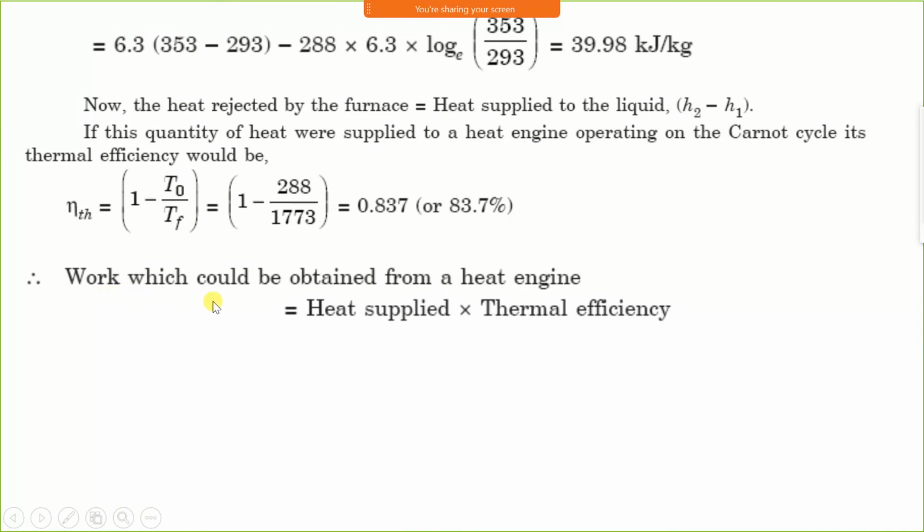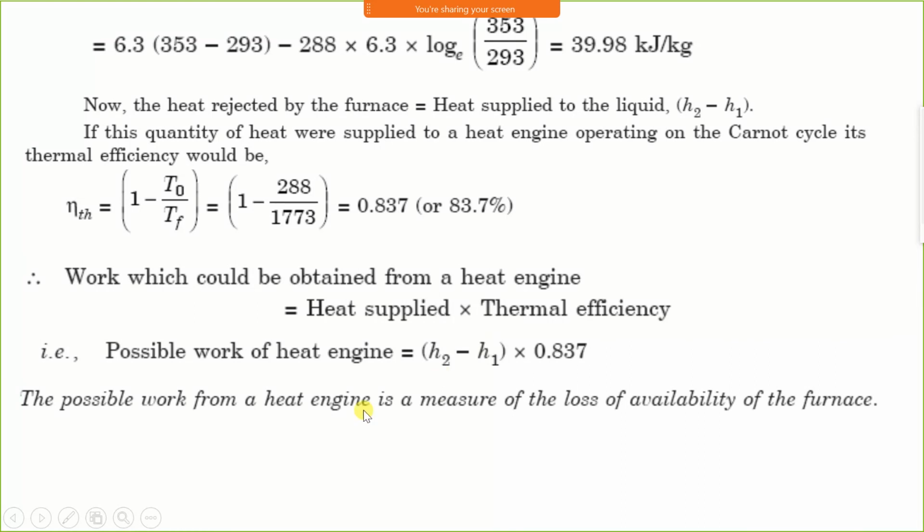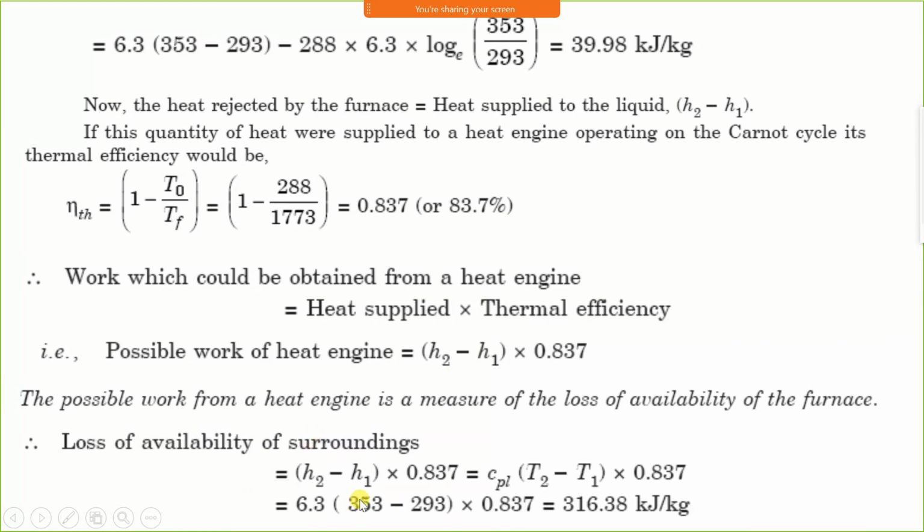Therefore work done is equal to heat supplied times efficiency. We have seen this formula in the derivations. Heat supplied is H2 minus H1 and efficiency is 0.837. In terms of temperature and specific heat, or we can say it is the loss of availability of surrounding, CPL (T2 minus T1) times efficiency 0.837.